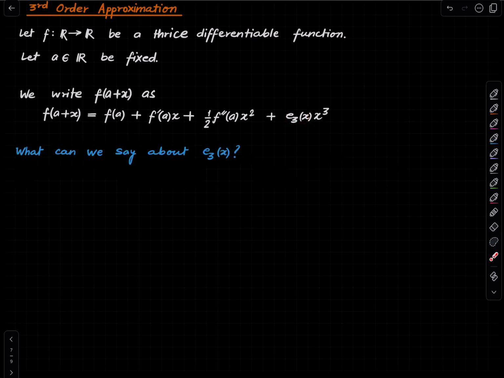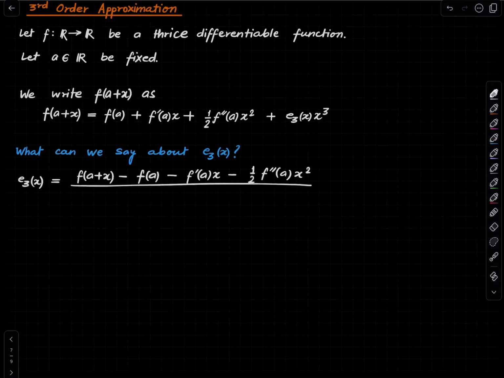So what can we say about E3x? Just like in the previous proof, we write E3x, by basic algebra, as this whole thing divided by x cube, and this is for x non-zero. Okay, so we want to comment on E3x in terms of the derivatives of the function.